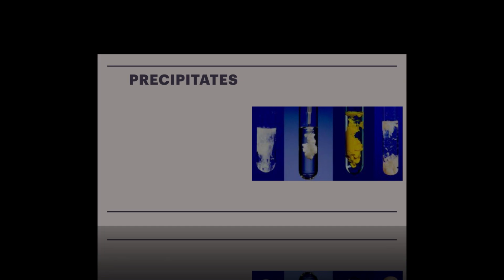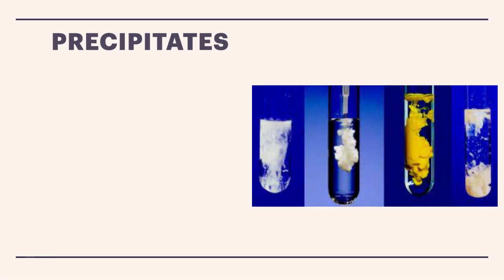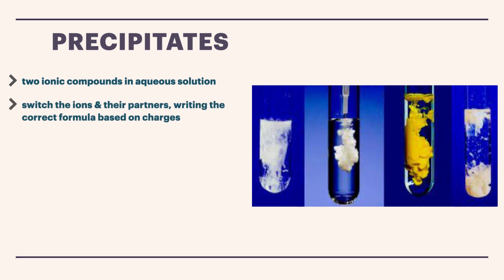So let's look at precipitate reactions. A precipitate is really a solid forming. If you mix two ionic compounds in aqueous solution and it turns cloudy, that cloudy material is the solid, or the precipitate. We know that what must have happened with the chemicals we mixed is that the ions switched and joined up with a new partner.